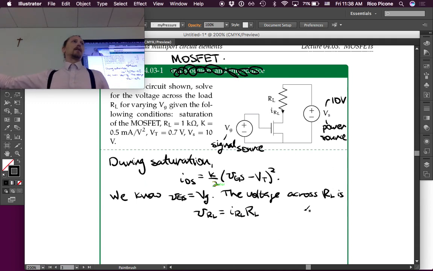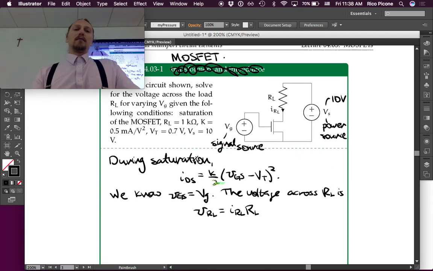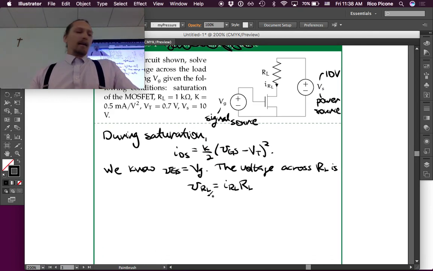Voltage across the load is what we're solving for. So we need to write the right-hand side of that equation in terms of things that we know, which are what the sources are and what the threshold voltage is, and that's about it. RL is just a parameter. IRL is the variable we need to eliminate and write in terms of things that we know. So how are we going to write IRL in terms of things that we know?